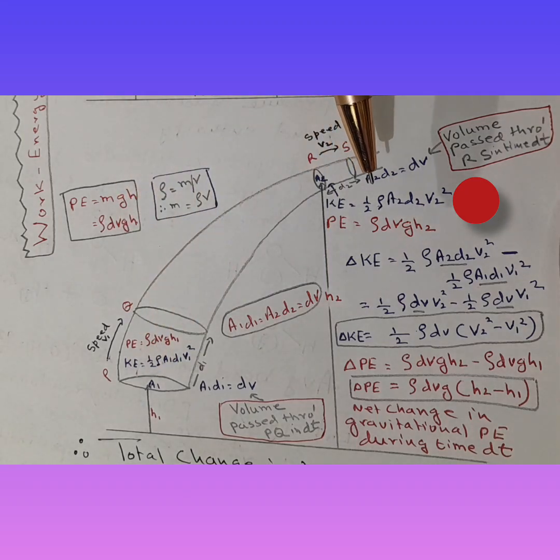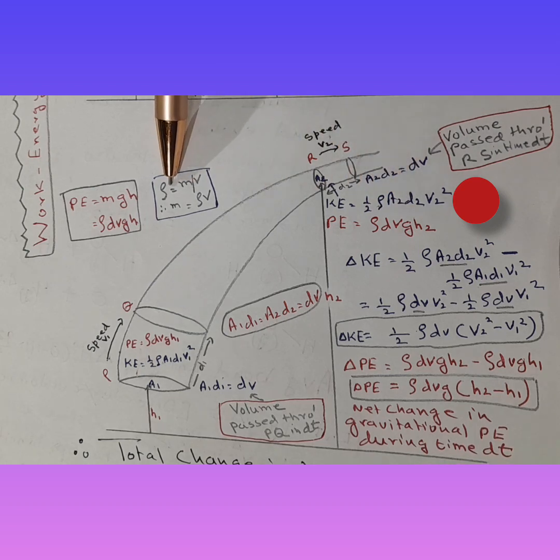Alright. So now let us get into finding kinetic energy. We know kinetic energy formula is half mv square. But then how is it half rho, which is density, a2 d2, which we know is volume, and v2 square, that is velocity? So there has to be this relationship. This relationship we have already done. Rho into v is mass.